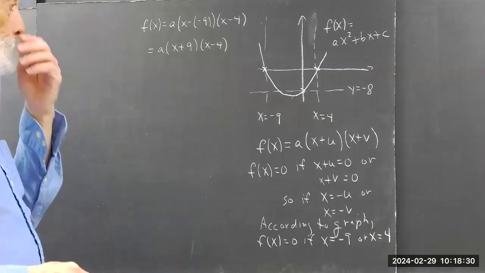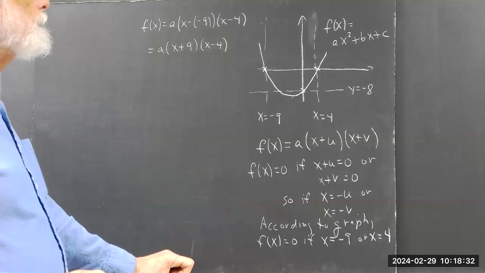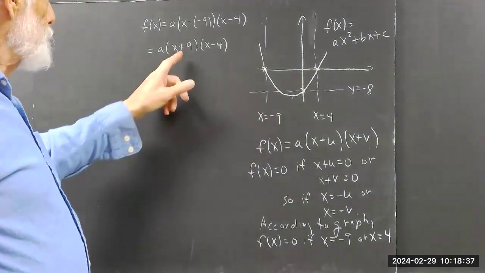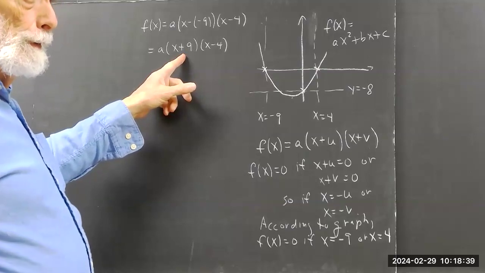Okay. Now, if we look at this, if x equals -9, is this going to be 0?